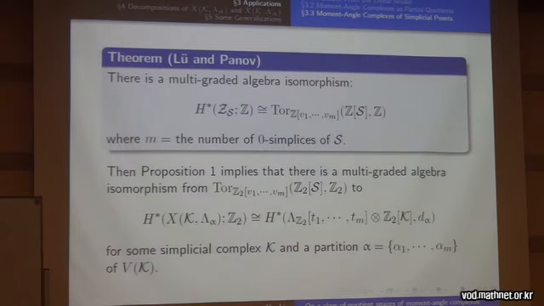So there's an algebra isomorphism between this Tor algebra and this one. I think this is another way to understand the Tor algebra of the face ring of a simplicial poset, because we use a simplicial complex.